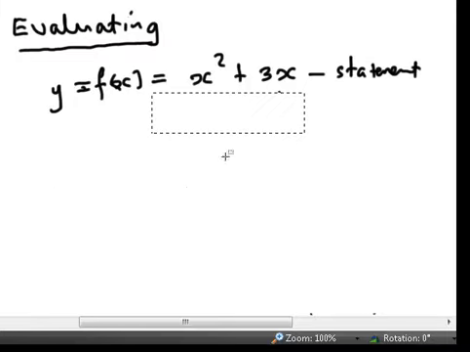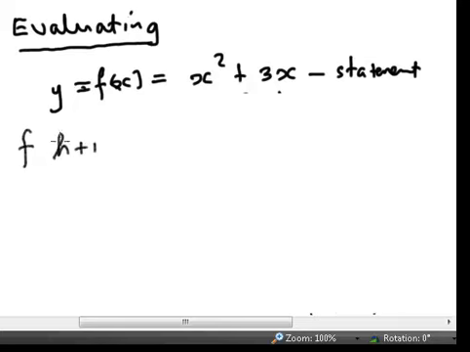Okay, now let's deal with the same function. Now I want you to evaluate this function at, oh sorry, I didn't pick the pen correctly. I want to evaluate this function at h plus 1. What is that going to be? Can you push the pen against the paper and tell me what that is going to be?